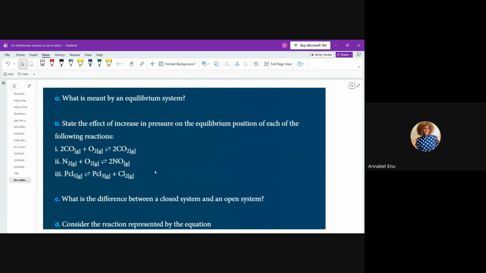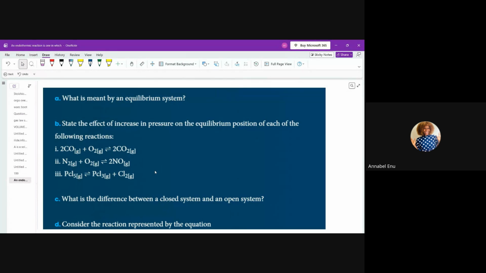Okay. Now the question you can see on the screen says, what is meant by an equilibrium system? An equilibrium system is a closed system. I probably did not mention in the last class, it has to be a closed system because if it is an open system, we will not be able to give account of heat, for example, in terms of temperature.